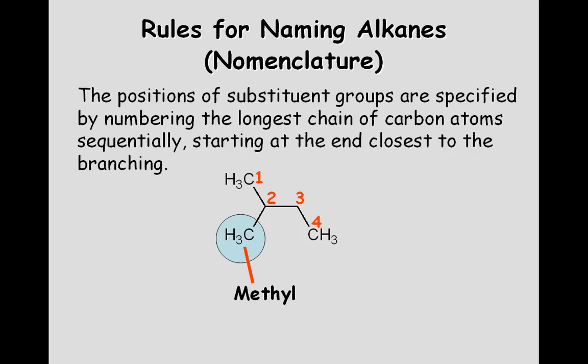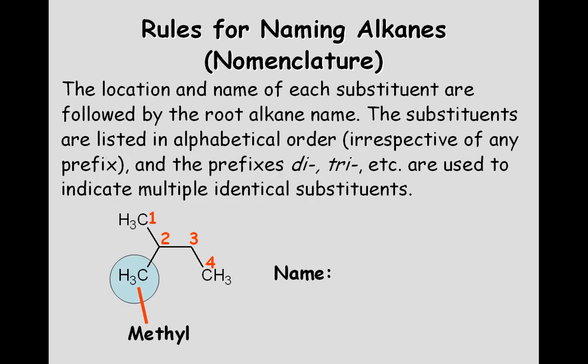So we want to indicate that the methyl group is located on carbon number 2. So we're going to call this 2-methyl butane. Butane is the base, 4 carbons. The methyl group is located on the 2nd carbon, and the 2 indicates the position. So here is the name, 2-methyl butane. So 4 carbons in a row, butane.